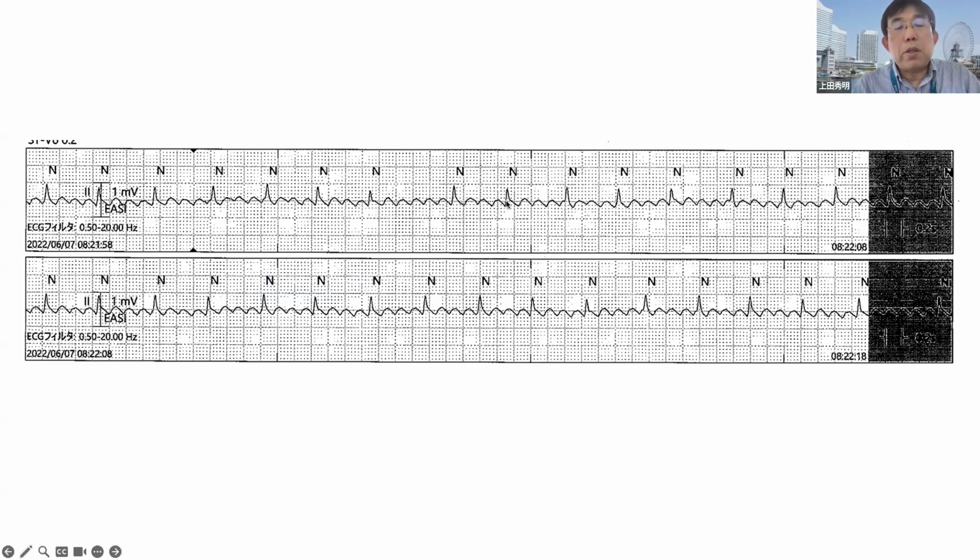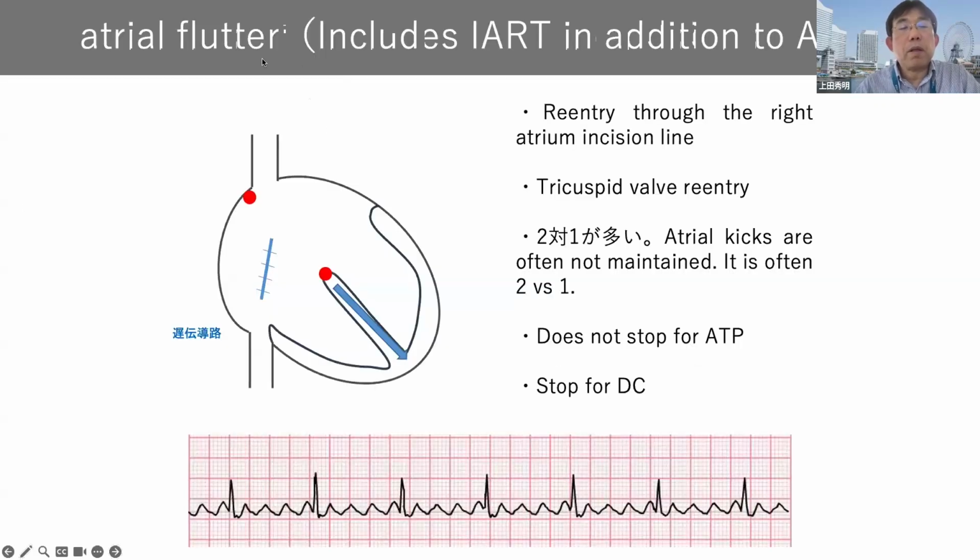And whenever a patient is above age 20 and has received the Fontan operation, those kinds of patients get sick very easily. So whenever we see flutter, we have to stop it as soon as possible if the patient has only single ventricular circulation. This is a picture of atrial flutter, which includes IART in addition to flutter.